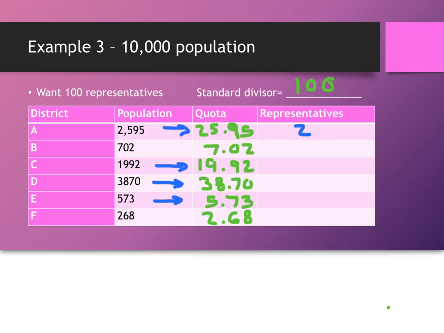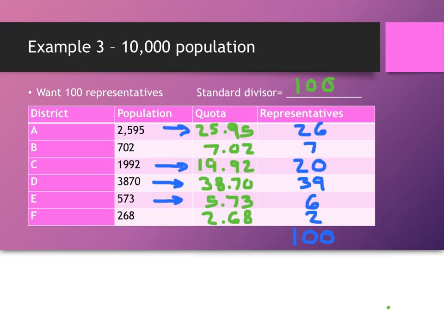So, if I can write this down right, 26, 7, 20, 39, 6, and 2. This gives us the number of representatives of 100. That's what we wanted. So with 10,000 people in this population, that's how the representatives would be allocated.